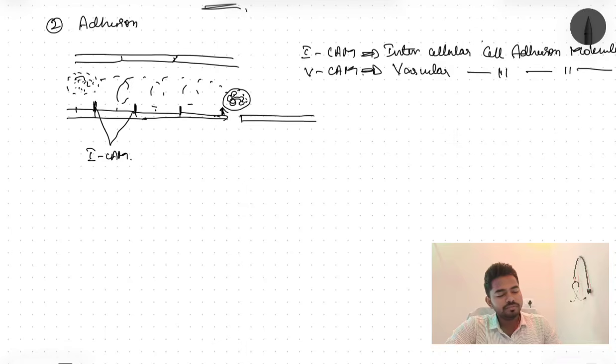But now, guys, to attach, the WBCs should also have some receptors, right? Then only can it stick. Previously, what was it having? CLA Lewis receptor. Another protein on WBCs is integrin.